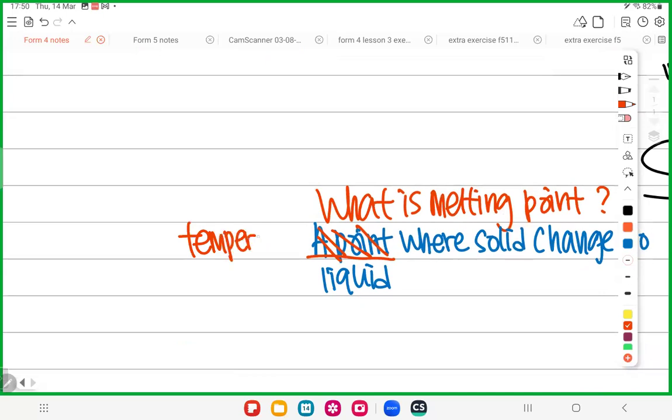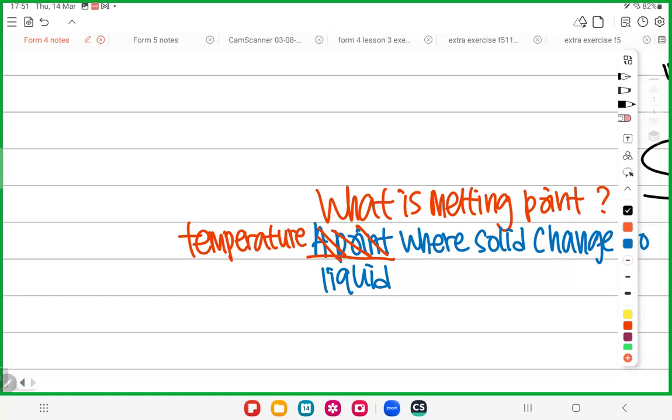And you must add one more word. When you do the melting process, when you melt a substance, the temperature doesn't change. Example, if the melting point is 70, you heat the solid until 70, the temperature will stop at 70. It won't increase or decrease anymore.